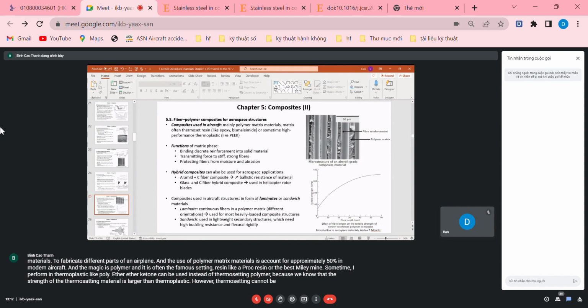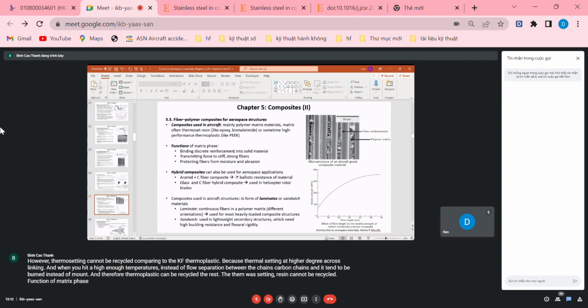However, thermosetting cannot be recycled, compared to the case of thermoplastic, because thermosetting has a higher degree of cross-linking, and when you heat at high enough temperatures, instead of separation between chains, carbon chains, it tends to be burned instead of melt, and therefore thermoplastic can be recycled, whereas the thermosetting resin cannot be recycled.